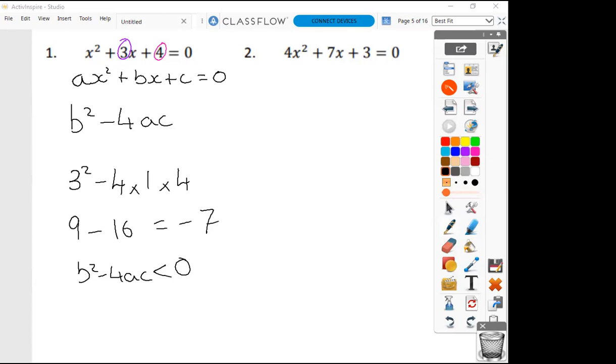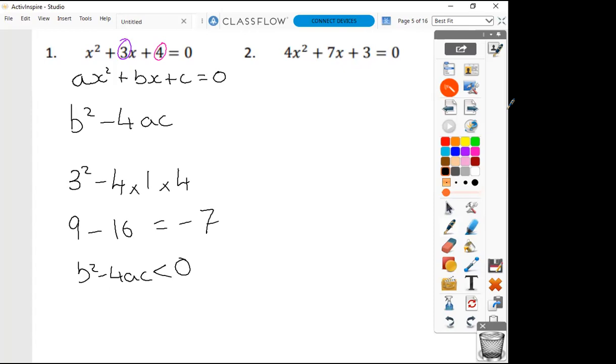So I had x squared plus 3x plus 4. Now if I zoom out a wee bit, you can see that parabola. You can see where that x-axis is.